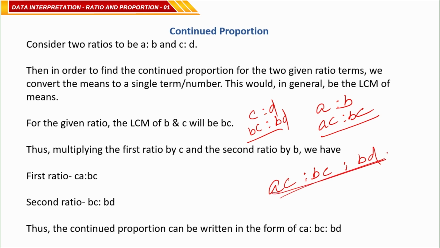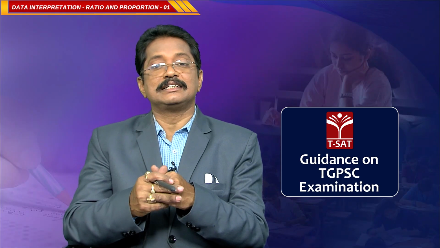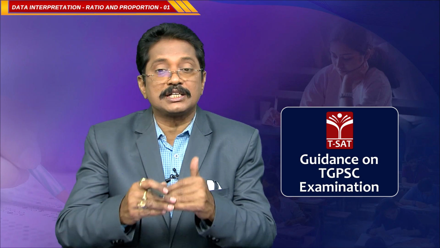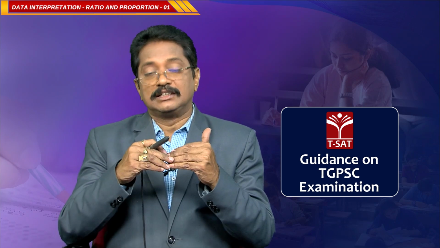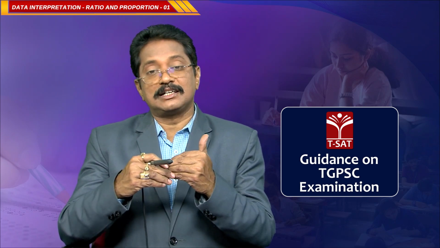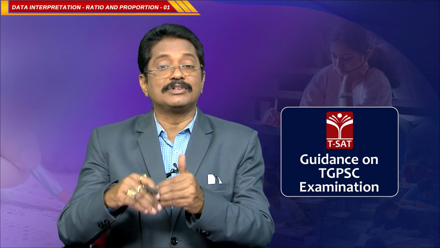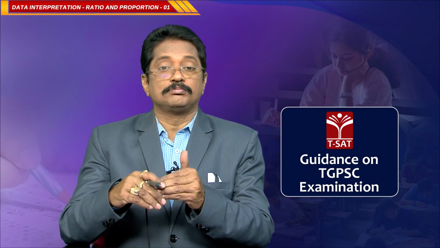Clear? In this manner, you can say it is a continued proportion. So, there are three proportions, as you know: the first is called direct proportion, the second is called inverse proportion, and the third is called continued proportion.